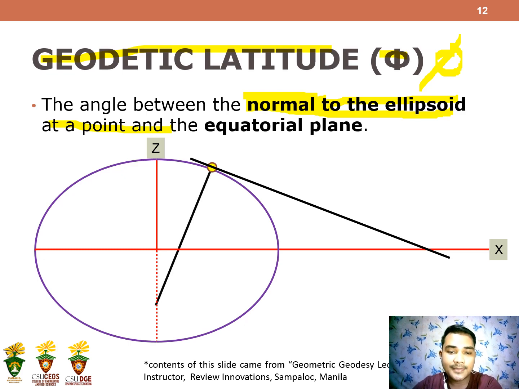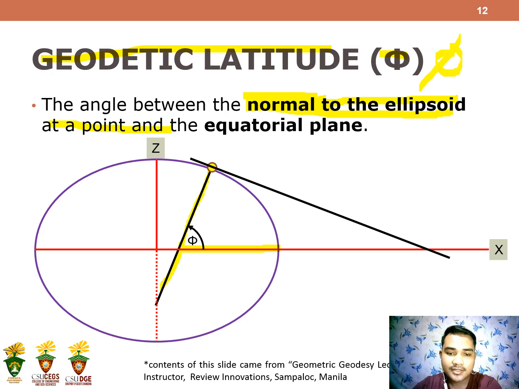Geodetic latitude is the angle between the normal to the ellipsoid at the point, which is this, and the equatorial plane, which is this. So our geodetic latitude, class, is this angle. That is the geodetic latitude.